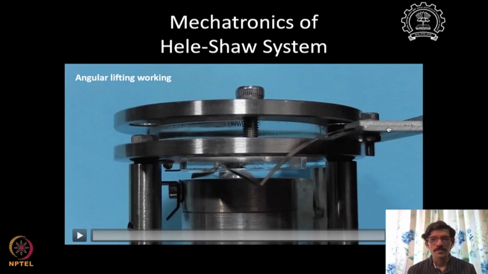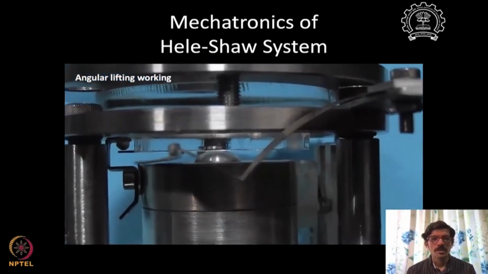This is our mechanism, which has a fixed point here, and this kind of mechanism design is such that it creates a hinge point at the end of this plate. So you can see that kind of lifting happening. For part of the lifting, you may not be able to see the complete plate, because only the lower part of this plate is seen here. There will be some part hidden behind this ring. So let's observe that.